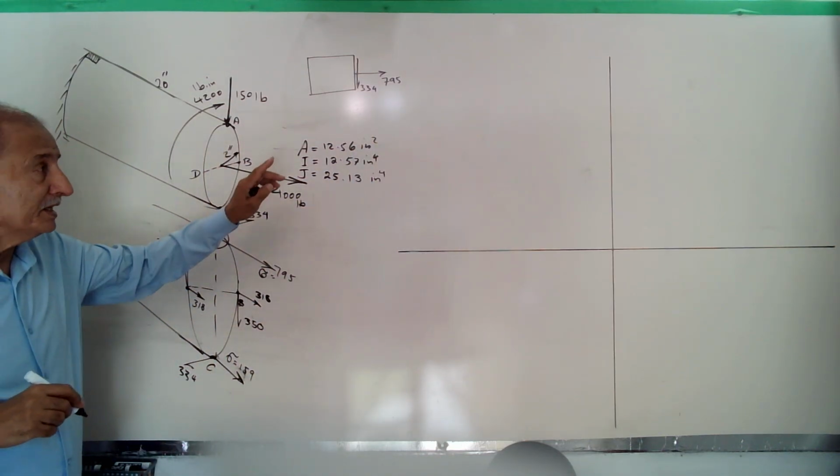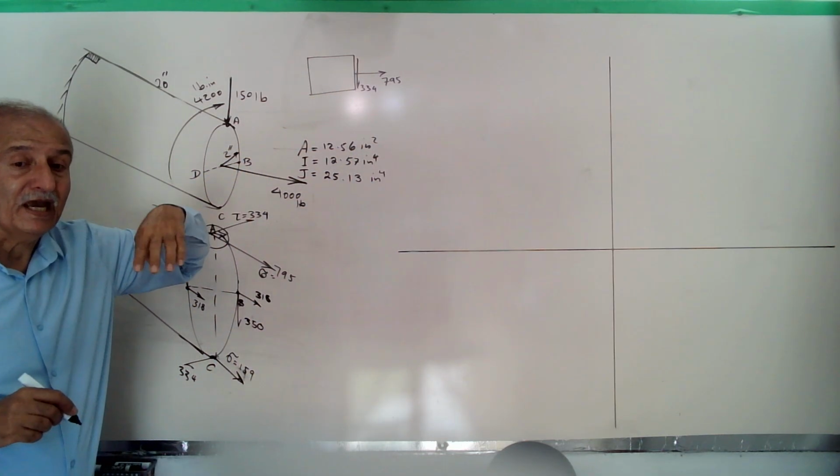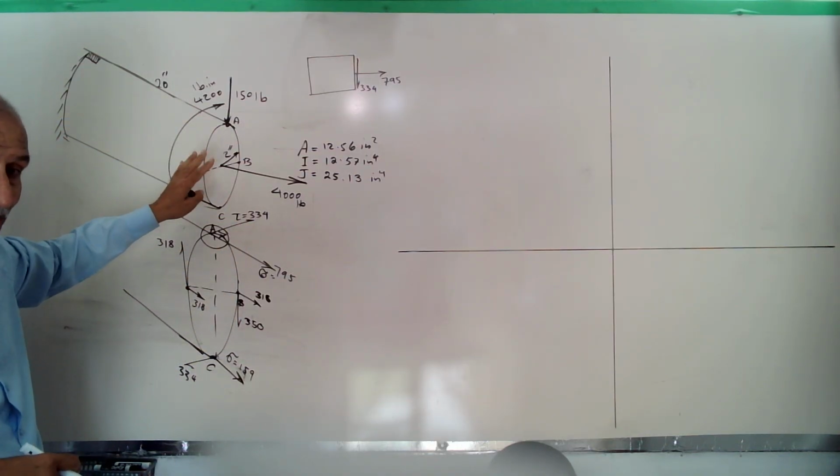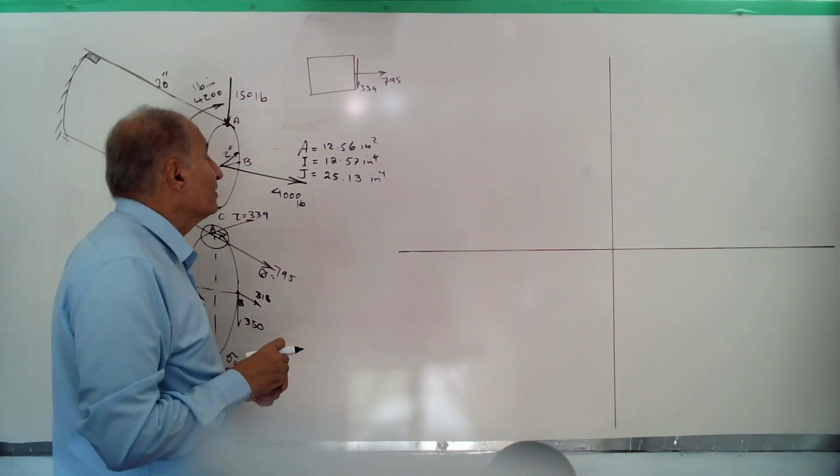Remember, in this phase that is called phase A, this A has nothing to do with the point A in the shaft or the cross sections.